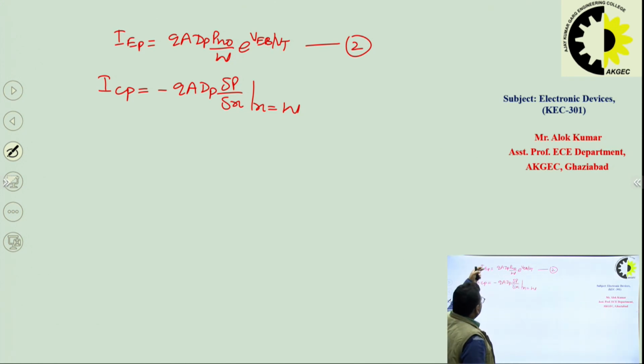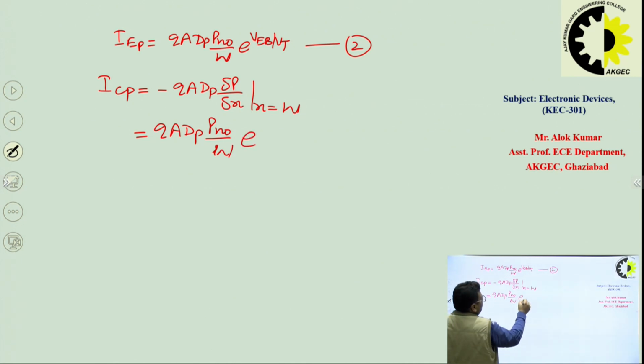So this emitter current will be approximately equal to the collector current, right? So this IEP will be equal to the ICP. So the same expression we can write here: q times A times Dp times Pn0 upon W times e^(VEB/VT). So this will be the value of ICP.